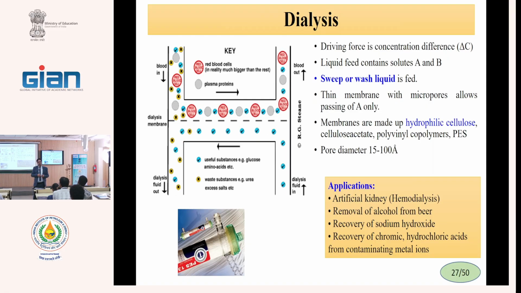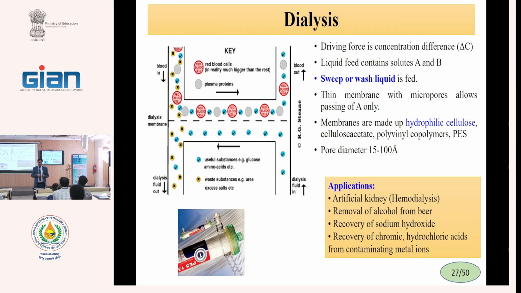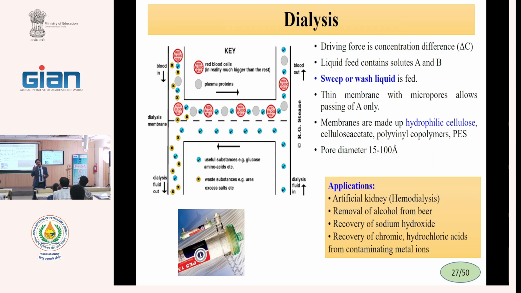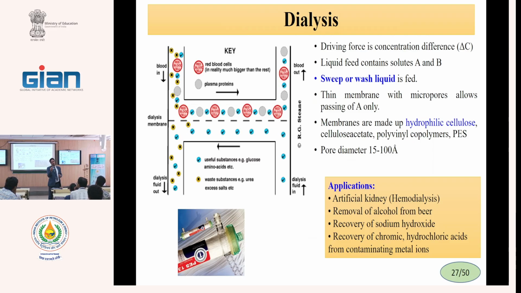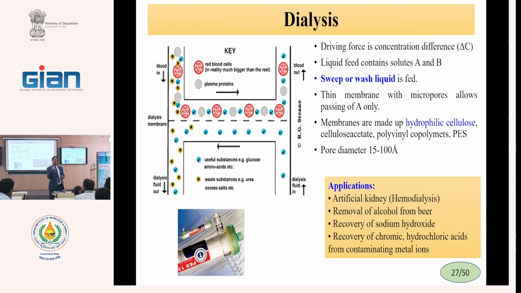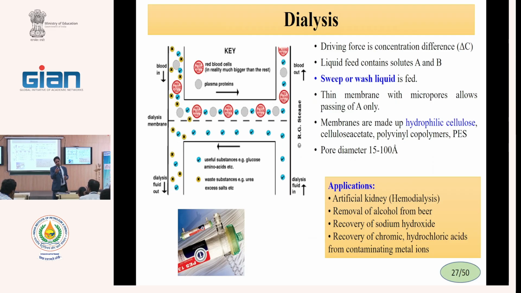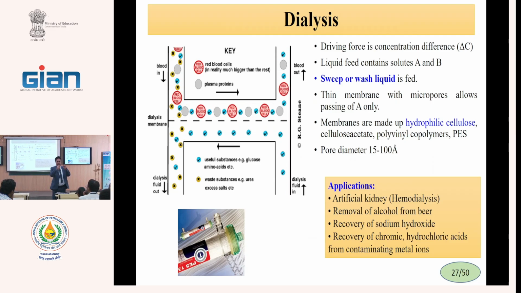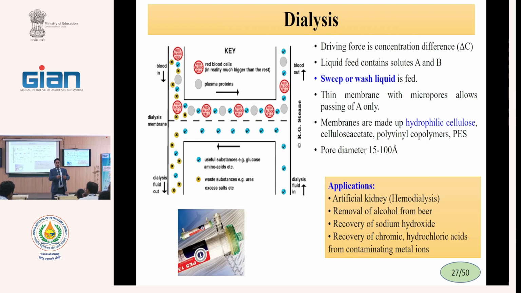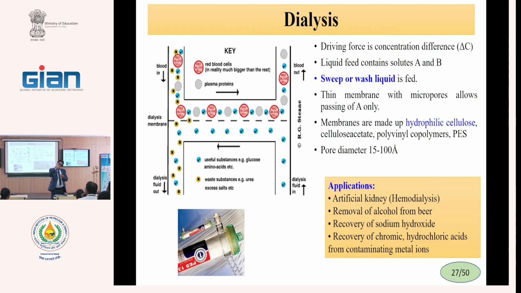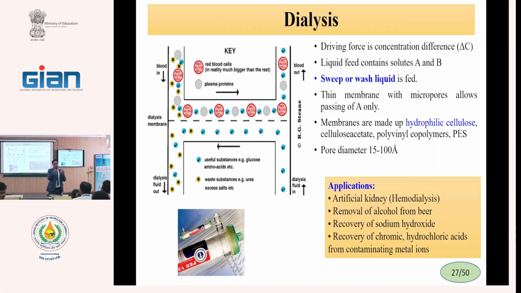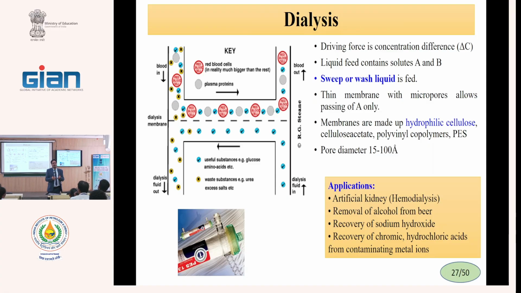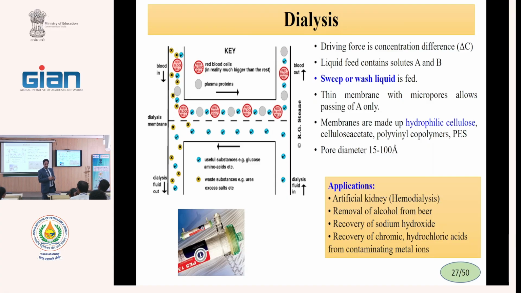Yes, sir. You can use zeolites. Hydrophobic zeolites can absorb DMF or organic pollutants from water. You prepare a hydrophobic zeolite column and pass your solution, and the DMF is absorbed on the zeolite and the water passes.